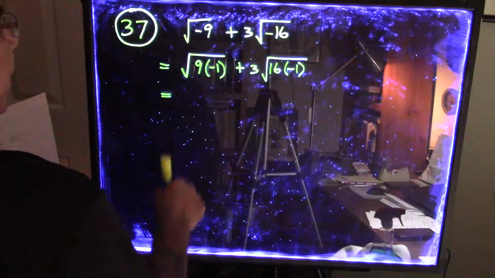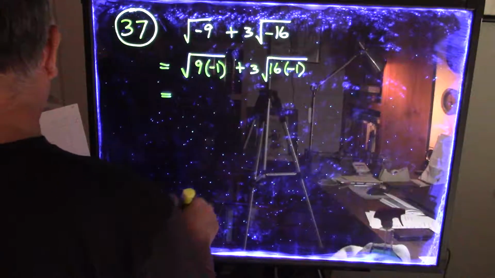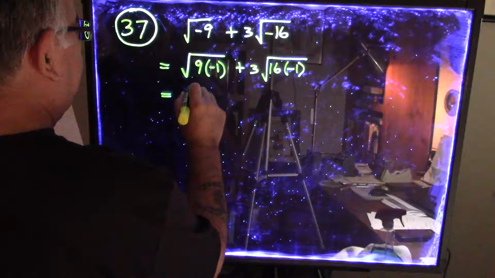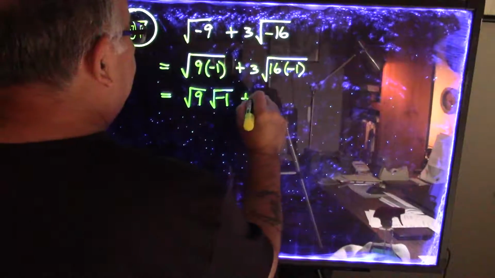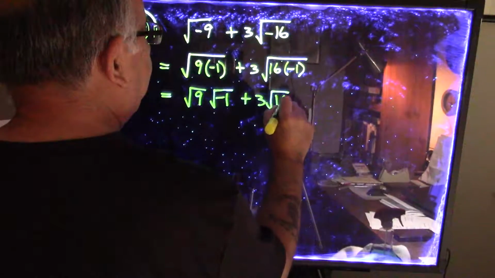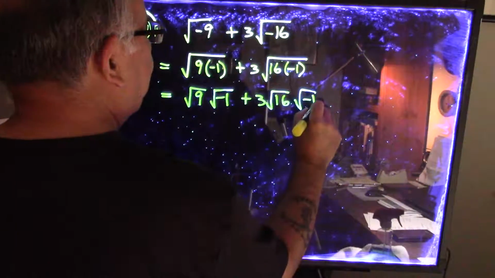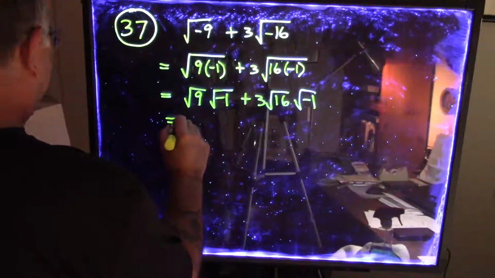And since we're multiplying under the radical, you can split up the radical. So you've got square root of 9 times square root of negative 1 plus 3 square root of 16 square root of negative 1. Alright.